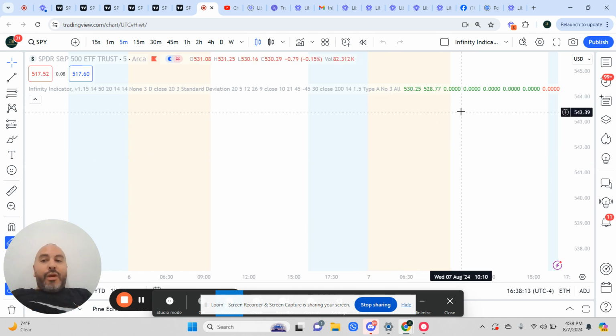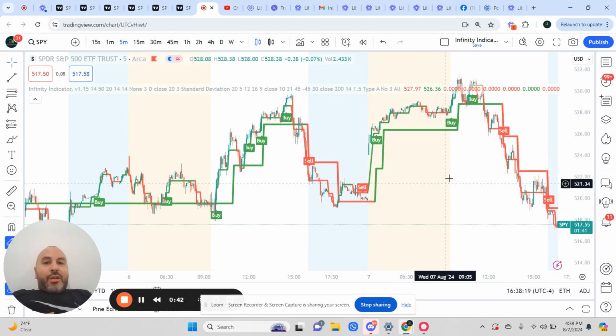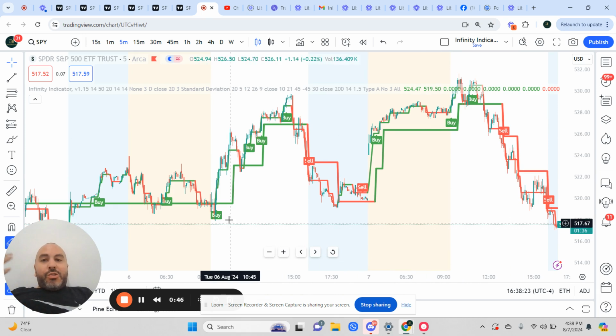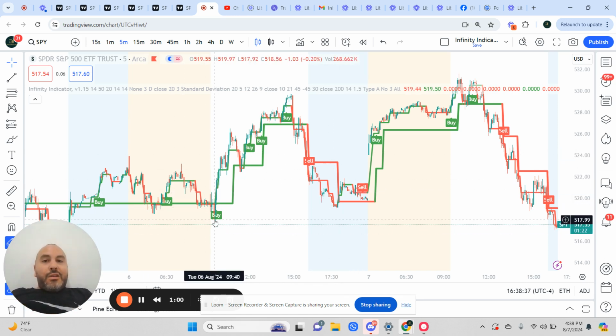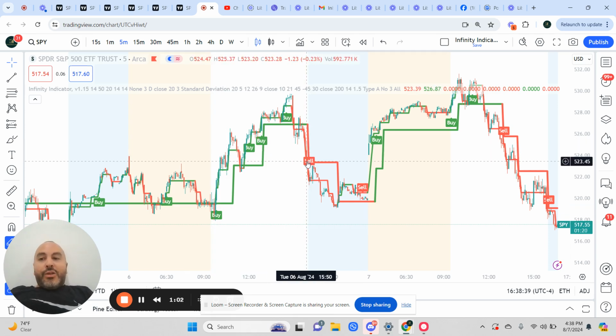What it does is look at market trends and identify them, using a combination of indicators that I coded together, that I found very useful. So it creates one very simple buy or sell indication.